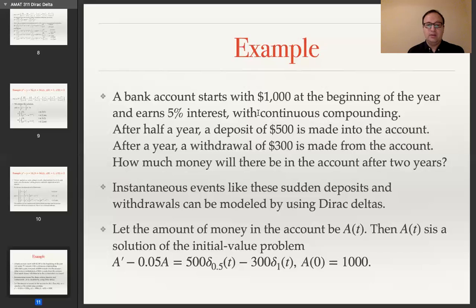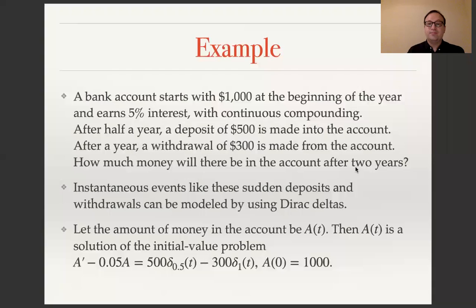Then A of t is a solution of the initial value problem A prime minus 0.05A is equal to 500 times the Dirac delta at 0.5 minus 300 times the Dirac delta at 1, with the initial condition A of 0 is equal to 1000.